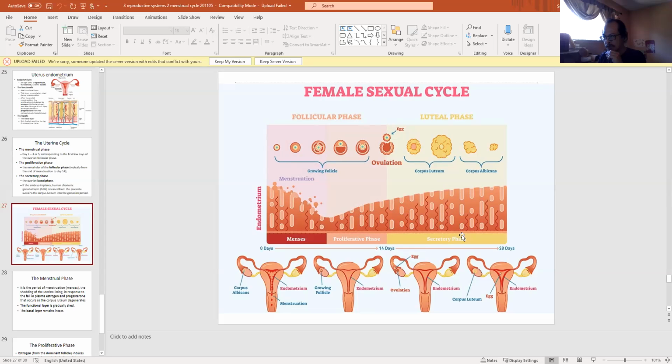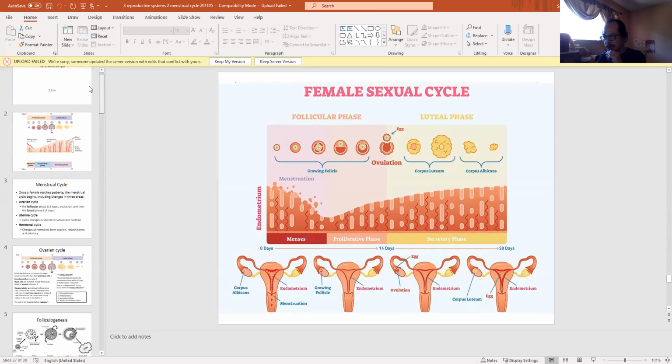So we will look into this cycle from each point of view. In addition to these two regions, ovary and uterus, we also need to know that surrounding this process is the change of the hormone. So we will also look into the hormonal changes along with the changes in the ovaries and the uterus. So let's go back to the very first one.